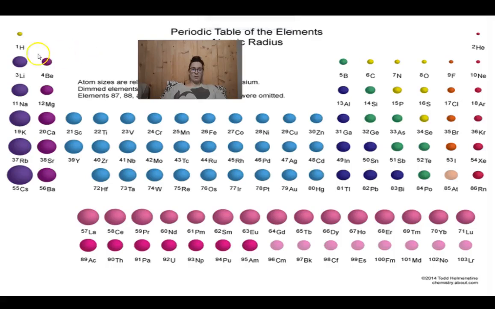Looking at atomic radius going down, you can see that it gets bigger because of the existence of the additional energy levels. So if you're thinking about the distance between the nucleus and the valence shell, it's obviously going to get bigger the more energy levels you have. And of course, looking at the transition metals, they kind of follow the trend, but there are definitely some that can break the trend, especially looking here at the lanthanides due to the lanthanide contraction that exists in this series.